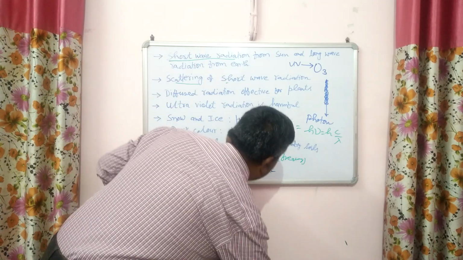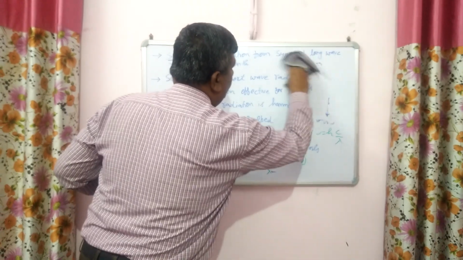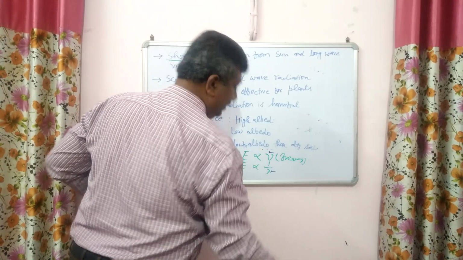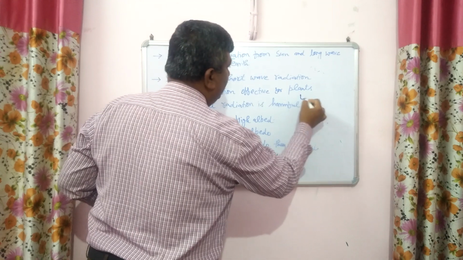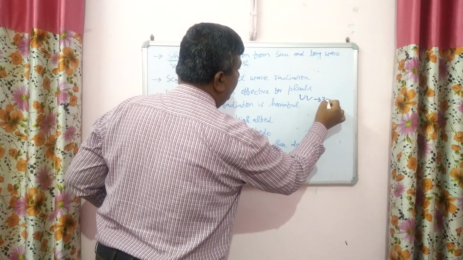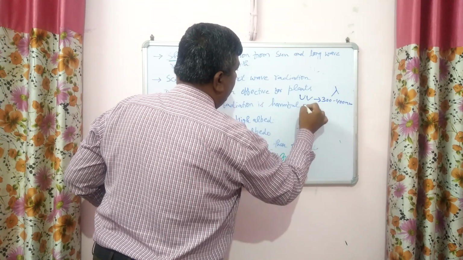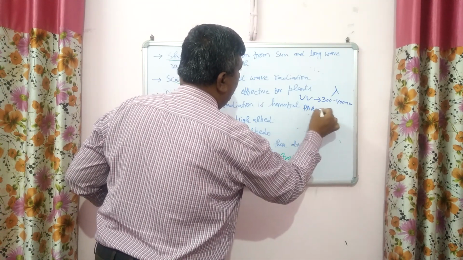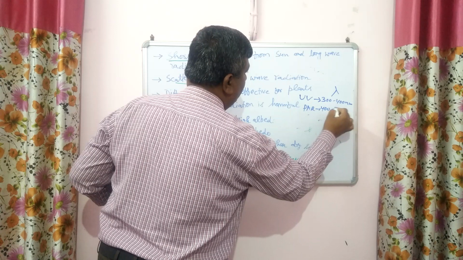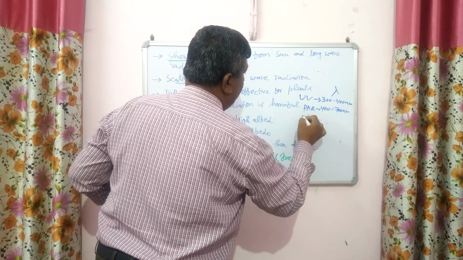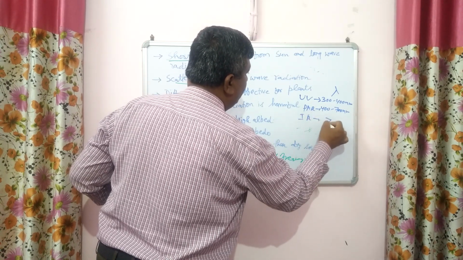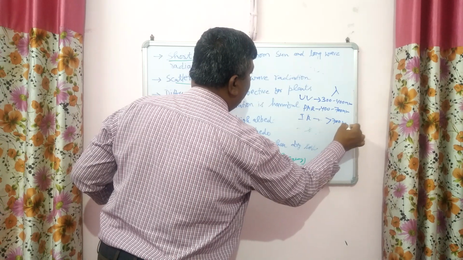So as we know, ultraviolet is in the range of 300 to 400 nanometer, that is the λ, and PAR is in the range of 400 to 700 nanometer, and infrared is more than 700 to about 4000 nanometer.